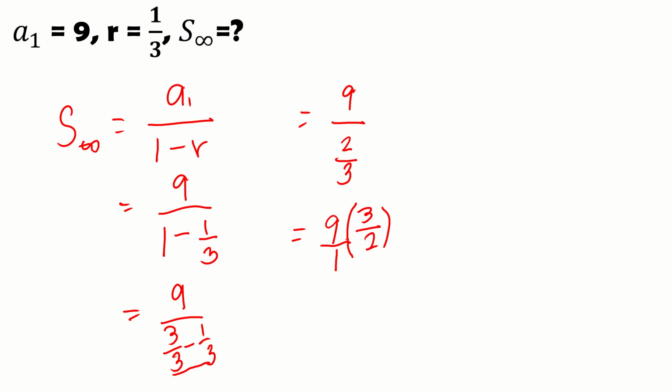Kapag nagmamultiply tayo ng fractions, numerator to numerator, denominator to denominator. So we will have 9 times 3 will give you 27 over 1 times 2 is 2. So therefore, we have S sub infinity, or the sum of this infinite geometric series, is equal to 27 over 2. Again po, grade 10, mag-stick na lang po tayo sa paggamit ng improper fractions. No need na po to express your answer as a mixed number.